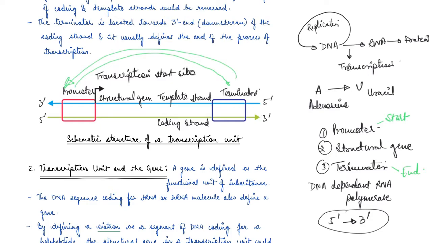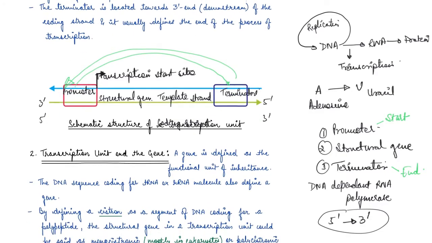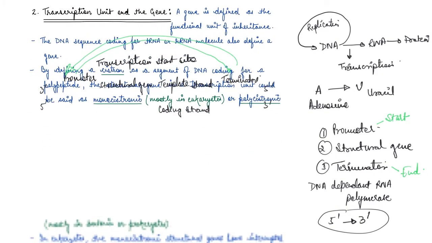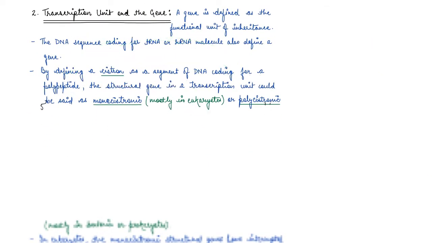Now let's see what a transcription unit and the gene are. A gene is defined, as Mendel said, as the functional unit of inheritance. There is no ambiguity that genes are located on the DNA, right?